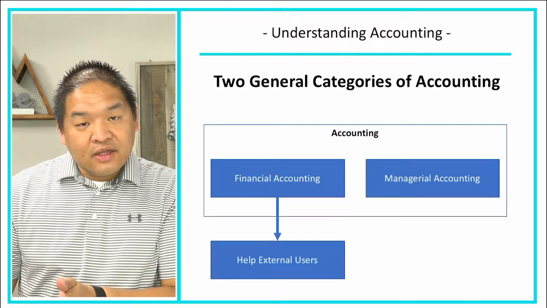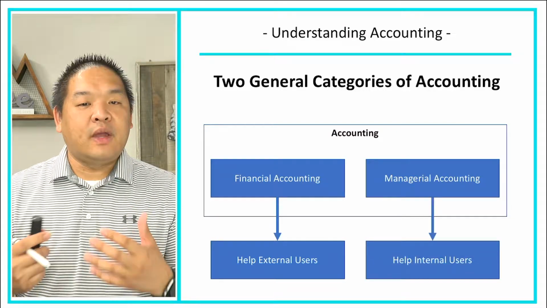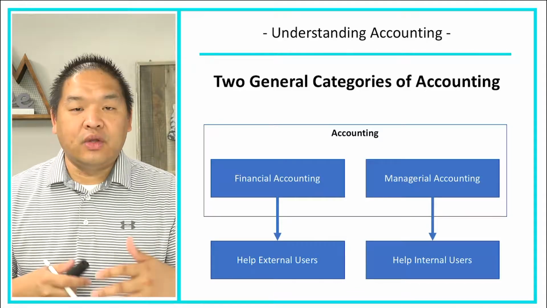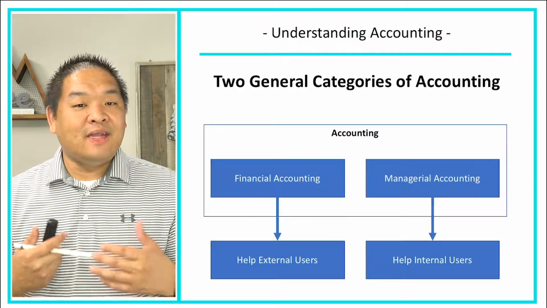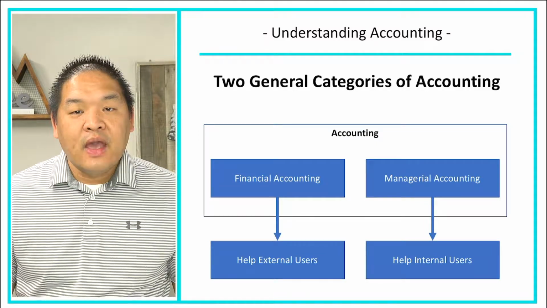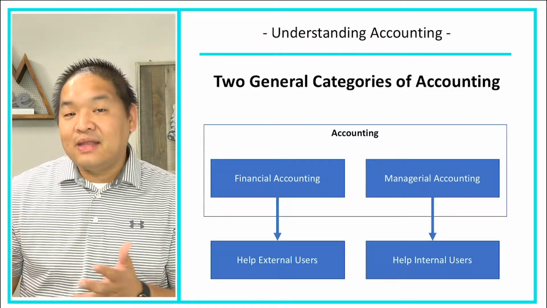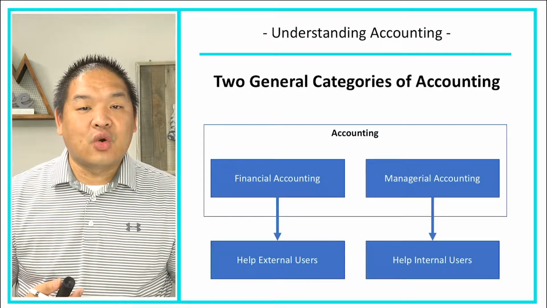On the other side, we have managerial accounting, and that is information to help internal users. So internal users need information to make decisions. So they need information on what was the cost of labor over the last quarter. And once they get that number, they can make decisions on whether or not they can cut labor in the next quarter, or increase labor costs in the next quarter.